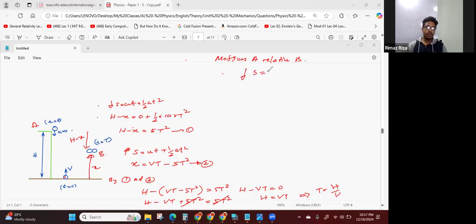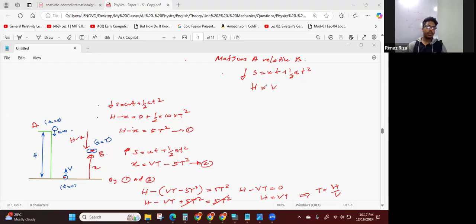For motion of A relative to B, I assume B stops, which means A is moving downward, so it's downward. s equals ut plus half at squared. So the relative motion, they are meeting means initially the distance is h, and after time t, the distance is 0. So during the time t, the distance covered by relative motion is h. The relative initial velocity is v.